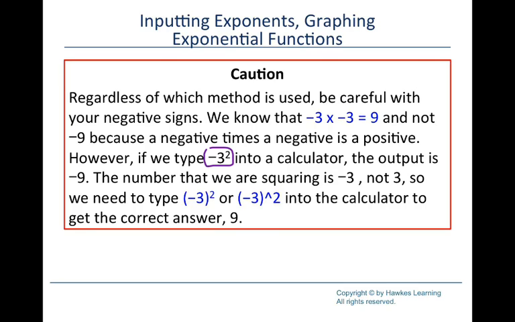It's negative and then 3 squared. And so what you'll get is a negative 9. And that's wrong. So don't let your calculator give you a negative number in these cases. If you're going to square a negative number, be sure you put it in parentheses. Okay? Because that way it knows that you're saying negative 3 times negative 3. Otherwise it doesn't, and it will give you an incorrect answer.